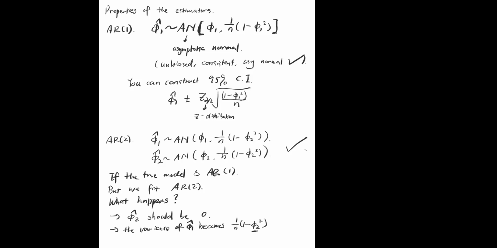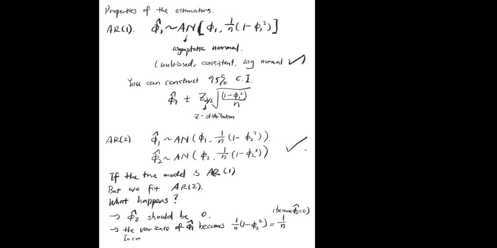The variance of phi1 becomes 1 over n times 1 minus phi2 squared, just by using this formula. But we know that this phi2 is equal to 0, so this is just equal to 1 over n. Here it is because phi2 hat is equal to 0.